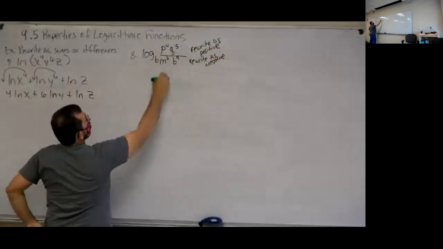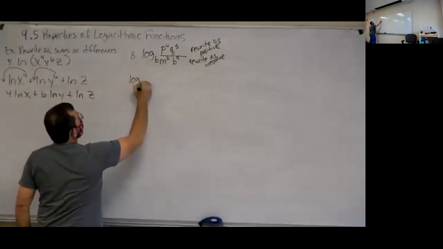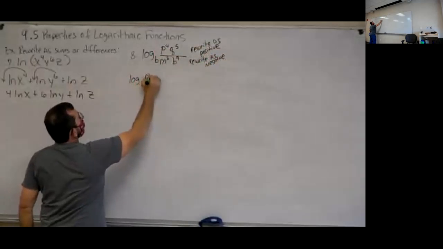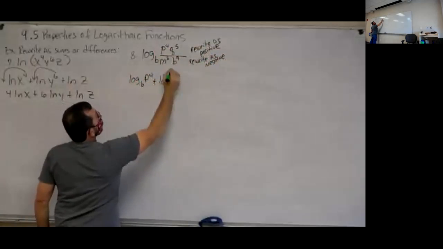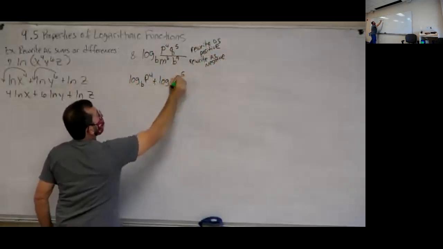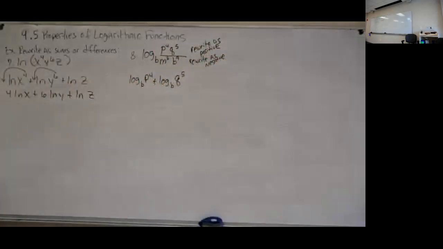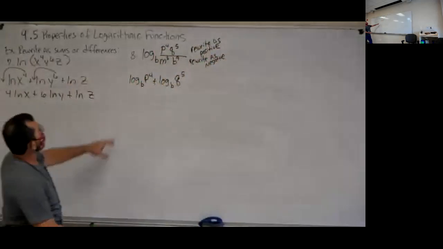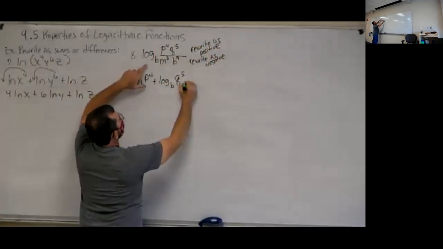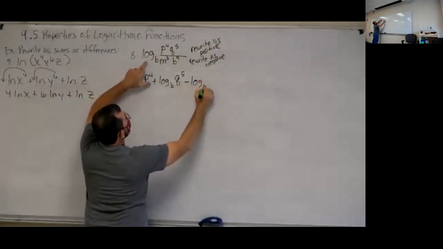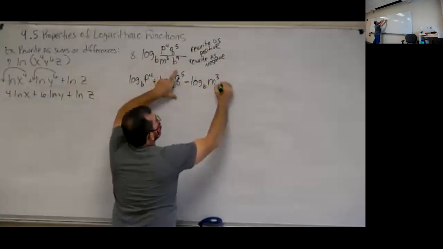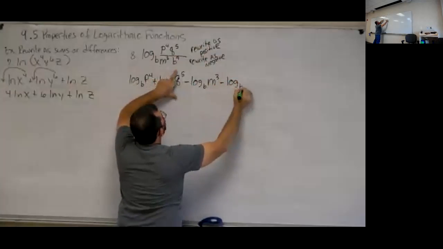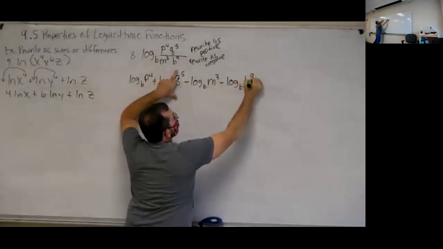So to rewrite this out, my first step would be a log base b of p to the 4th plus a log base b of q to the 5th. Both them factors were on top, they got to be positive. Now, everything else is on bottom, so this would be minus log b of m to the 3rd minus log b of b to the 9th.